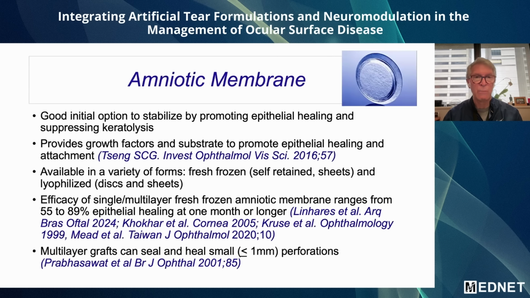The efficacy of single or multi-layer fresh frozen amniotic membrane for treatment of NK ranges from 55 to 89% epithelial healing at 1 month or longer, and multi-layer grafts have been reported to seal and heal small perforations less than 1 millimeter in diameter.